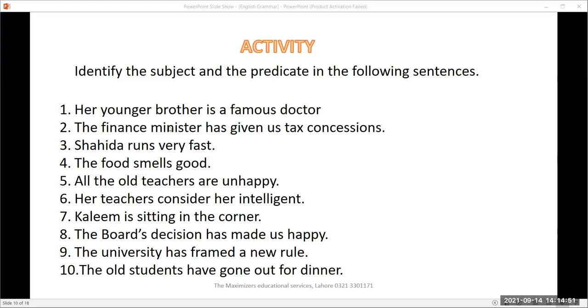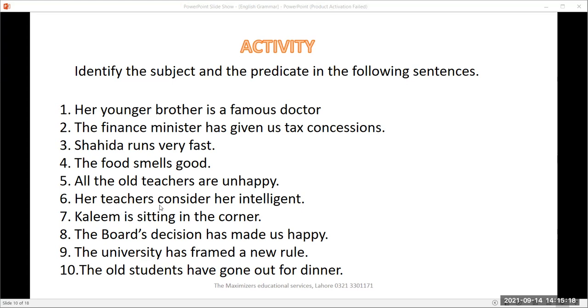Her younger brother is a famous doctor. The finance minister has given us tax concessions. Shahida runs very fast. The food smells good. All the old teachers are unhappy.